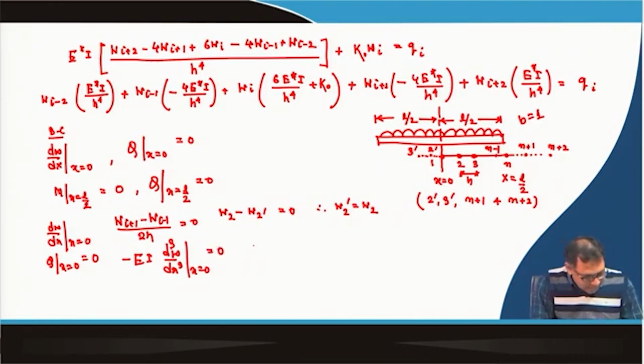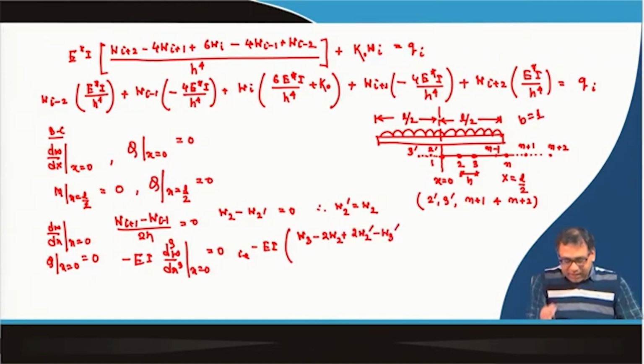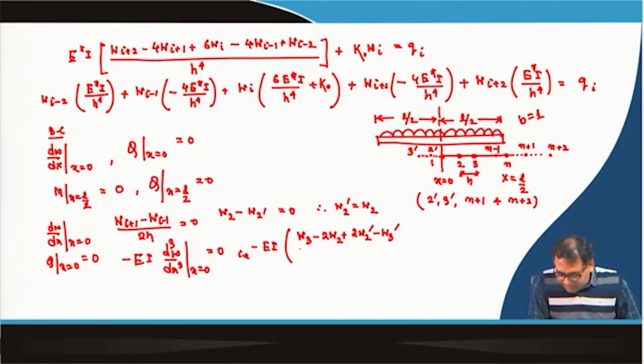Now I can express this d3w/dx3 in finite difference scheme as w3 minus 2w2 plus 2w2 dash minus w3 dash, divided by 2h cube, that is equal to 0.